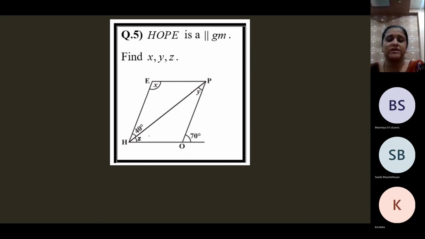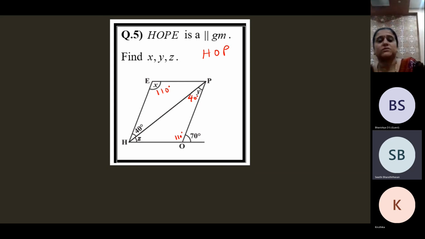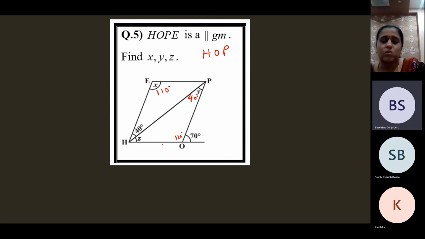Very good. Then what about Z? So we found this is 110, this is 40 degrees, and we also found this is 110. You can find Z in so many ways. Is HOP a triangle, children? Yes, ma'am. What is the sum of the three angles of a triangle equal to? 180 degrees, ma'am.